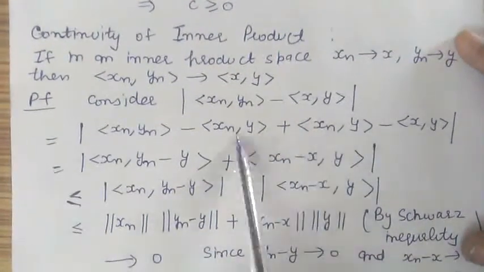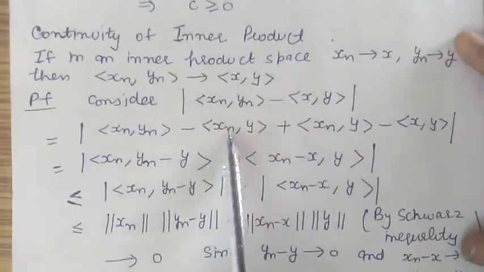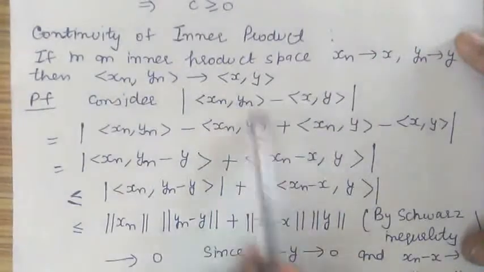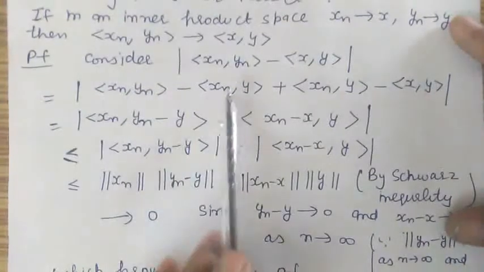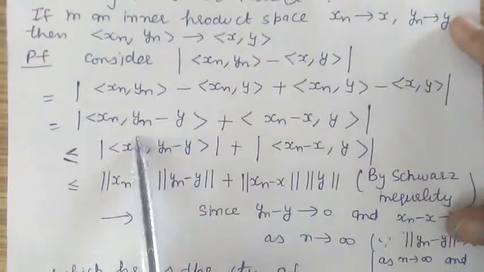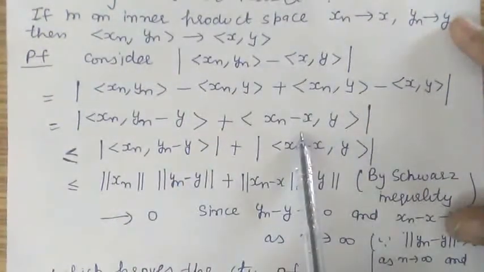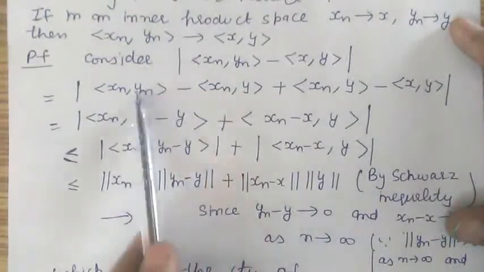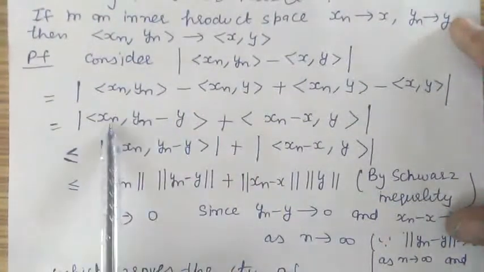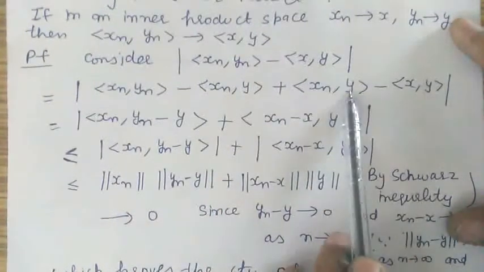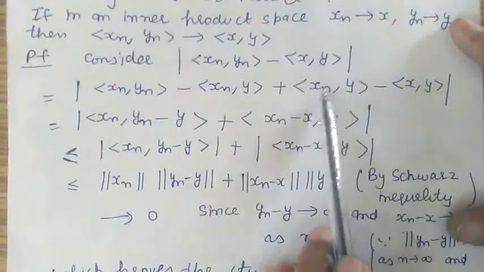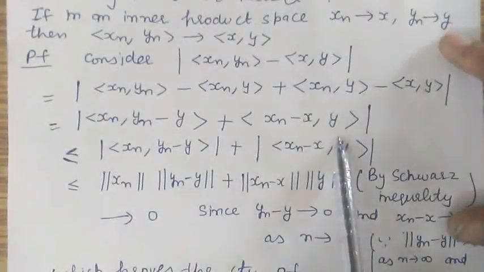Now adding and subtracting the term inner product of xn with y in this expression, and using the properties of inner product, these two terms can be combined and these two terms can be combined. Combining these two terms, this becomes the inner product of xn with yn minus y, and combining the other two terms, this becomes the inner product of xn minus x with y.